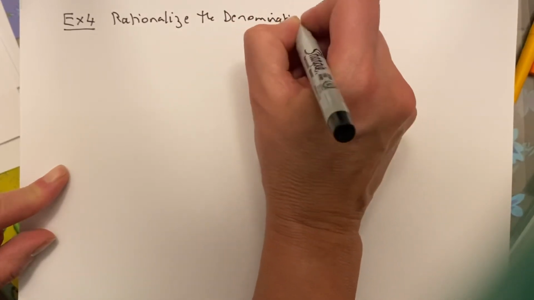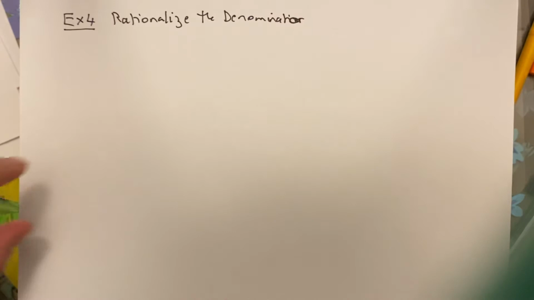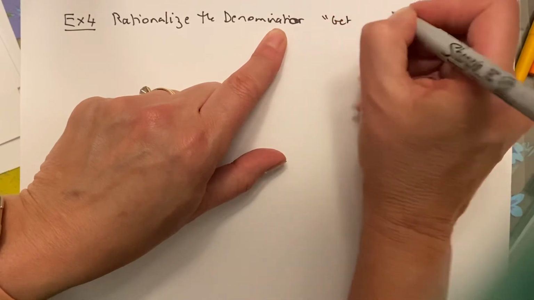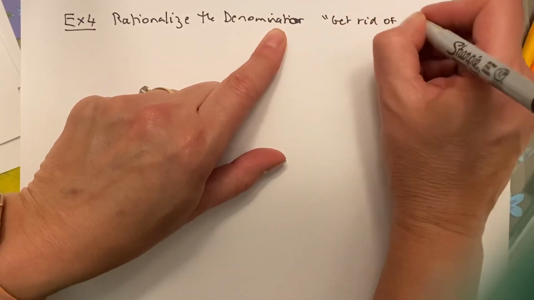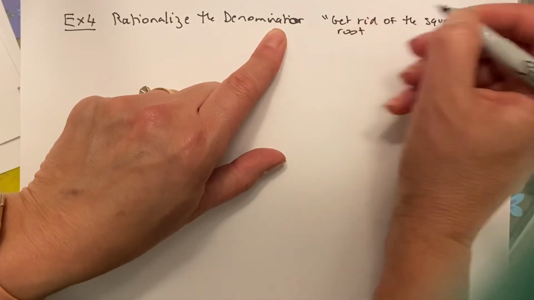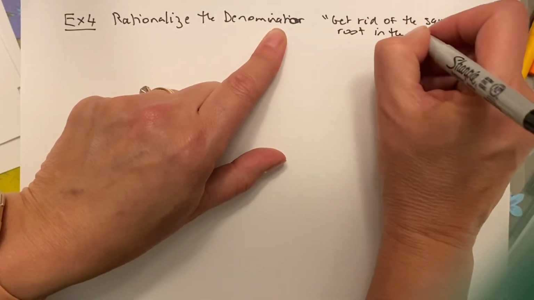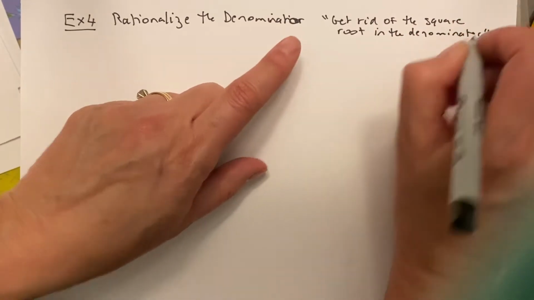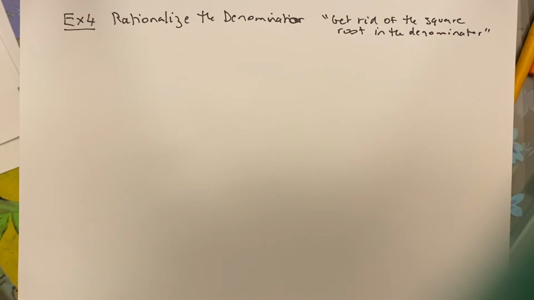Again, a very fancy word to describe something simple. Very, very simple. And really what it means is get rid of the square root in the denominator. It's a way to get rid of the square root in the denominator of a fraction.